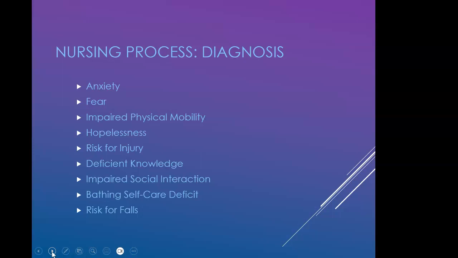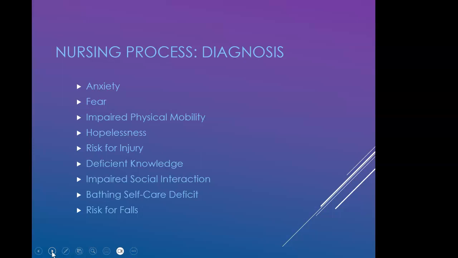So after the session, review all available data and look critically for patterns and defining characteristics that suggest a health problem related to sensory alterations. And then validate your findings to ensure accuracy of whatever particular diagnosis you choose. Examples of nursing diagnoses that apply to a patient with sensory alterations are shown on this slide.